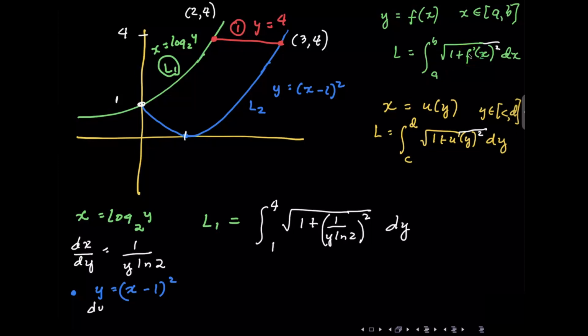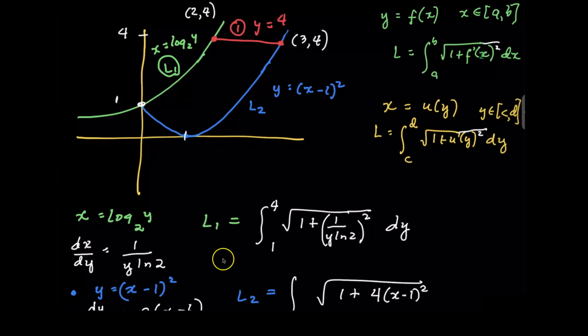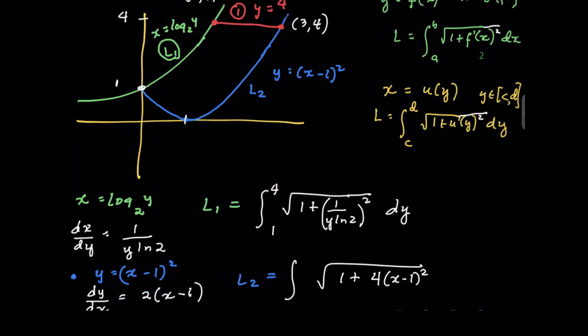So our dy/dx is 2(x − 1). And therefore, our L2 is equal to the integral of the square root of 1 + 4(x − 1)², that is the square of this, dx. And then my x runs from what for the blue one? From here up to here. So that is from x = 0 until 3.